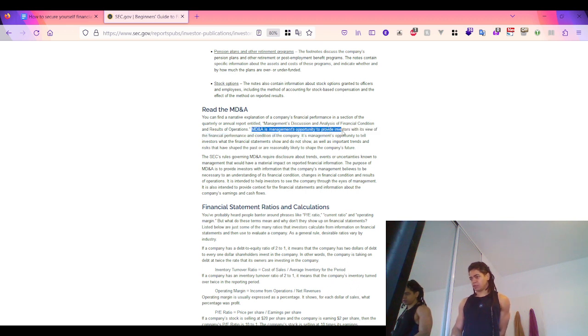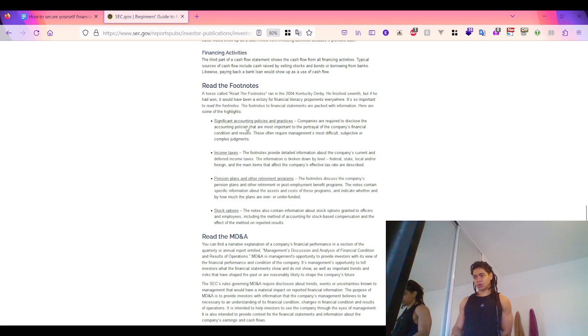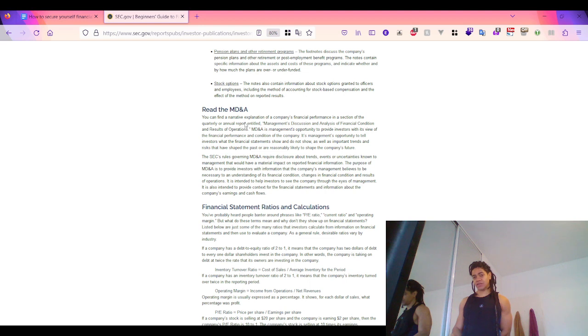It is management's opportunity to tell investors what the financial statements show and do not show, as well as important trends and risks that have shaped the past or are reasonably likely to shape the company's future.